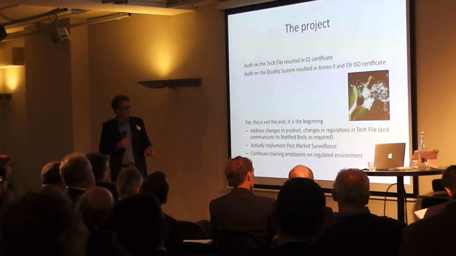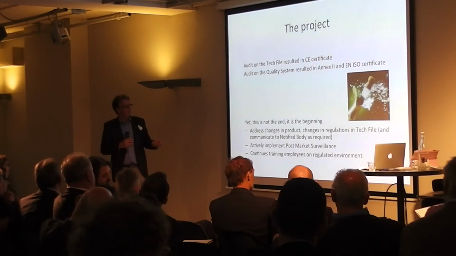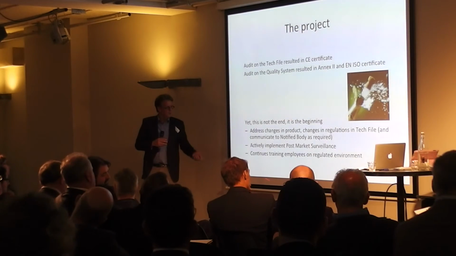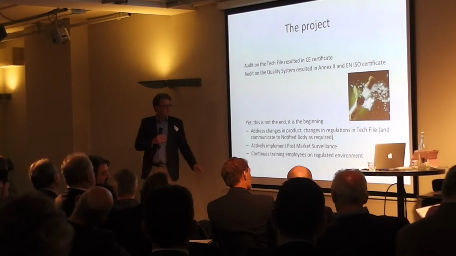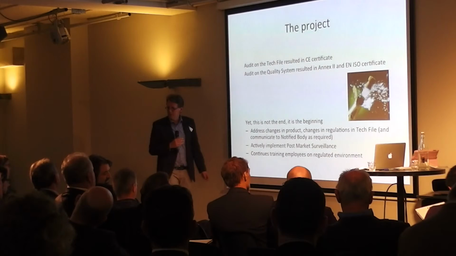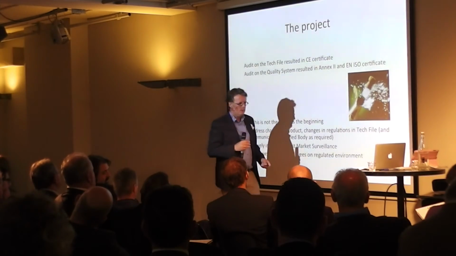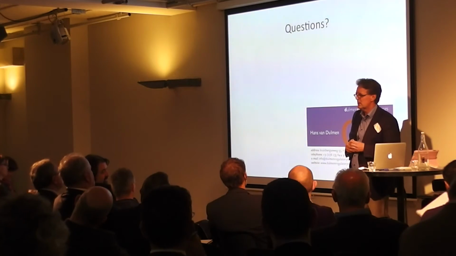That brings in this continuous process which the quality system can often have, that you need to keep the CE mark rather than get the CE mark initially. So basically that concludes my presentation.